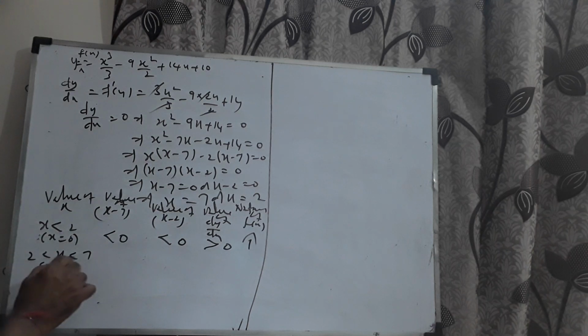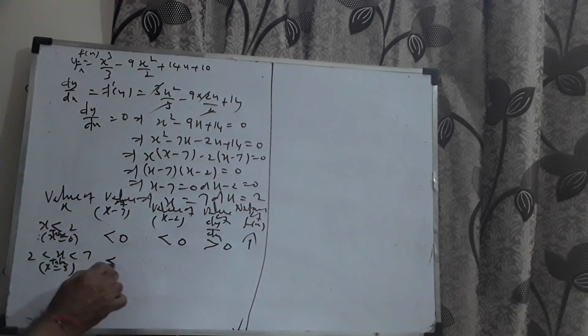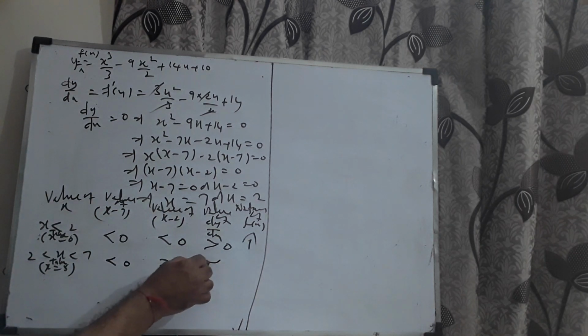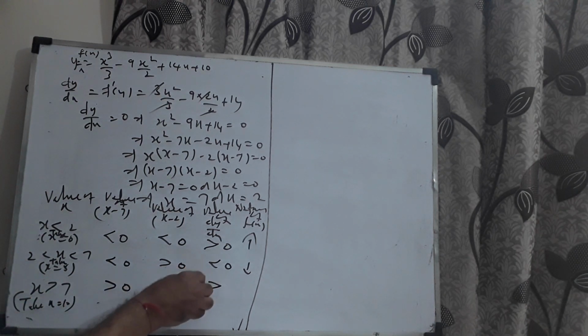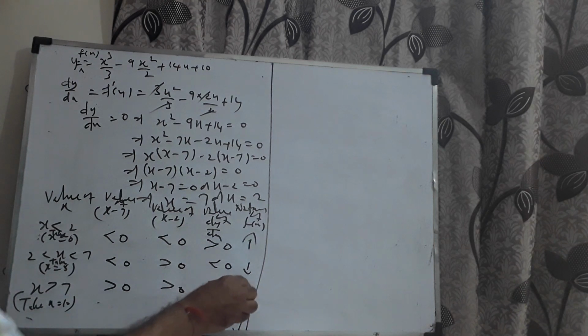This is negative, this is positive. The product is negative, so it is decreasing. Then x greater than 7, take x equal to 10, let us say. This is positive, plus into plus is plus, so it is increasing.